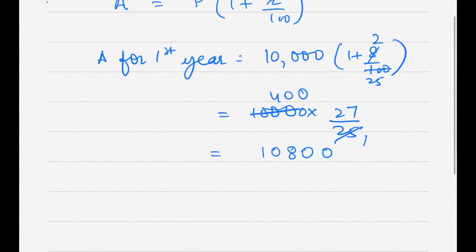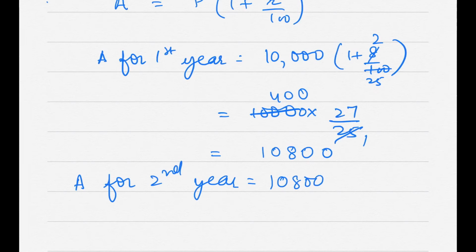Now this amount becomes the principal for the second year. So the amount for the second year would be equal to, now I have to take this as my principal, 1 plus 8 by 100, time is 1 year.